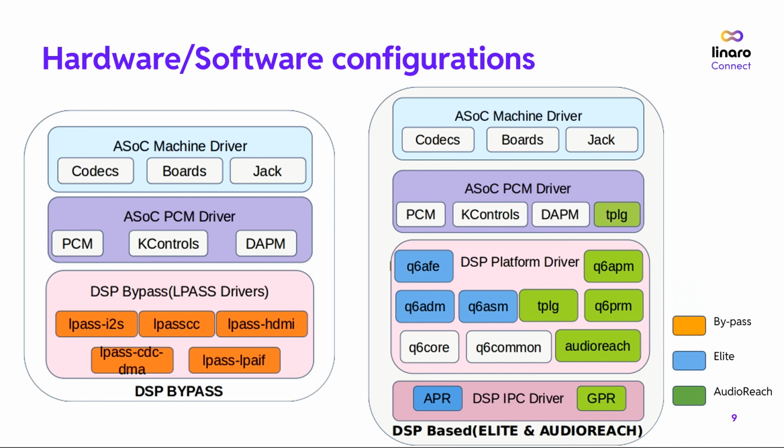I think we have supported 3 different interfaces. LPASS I2S can also do PCM. We have HDMI, as I said, which the previous generations had. And the codec DMA is for the TX, RX macros, which are the digital codecs in the LPASS IP. I will go deep dive into each of them, but this is just a summary of how things look from the software perspective.